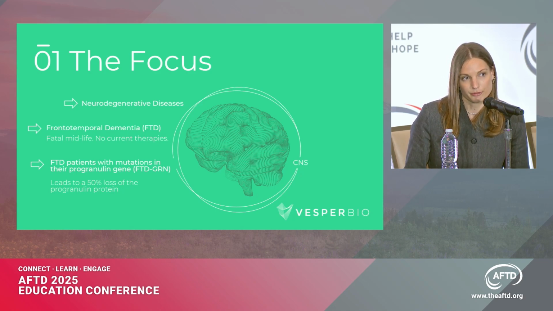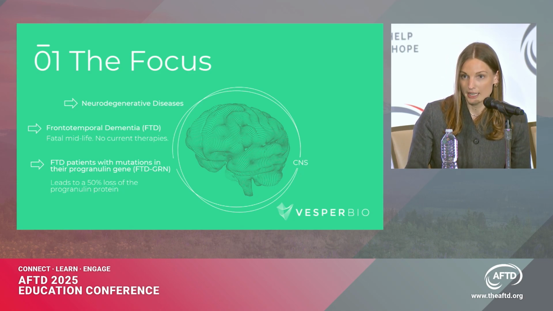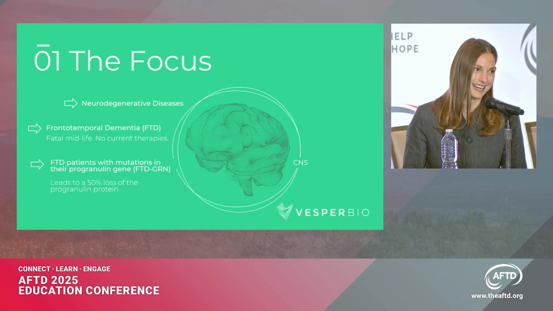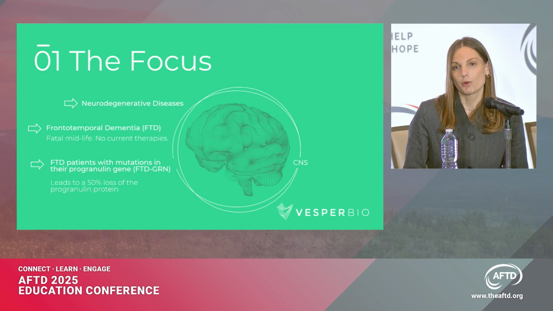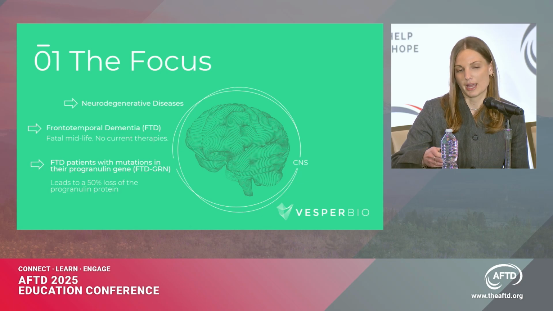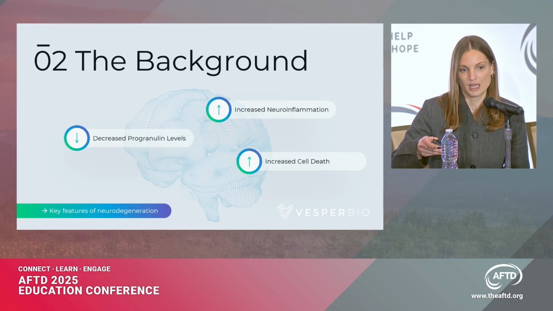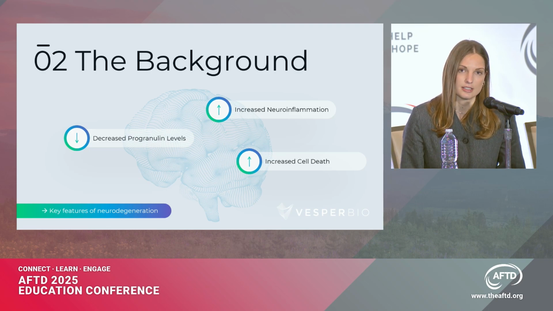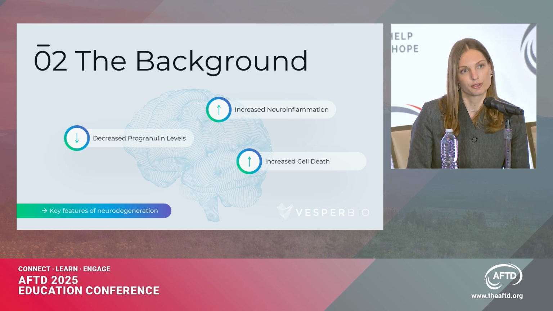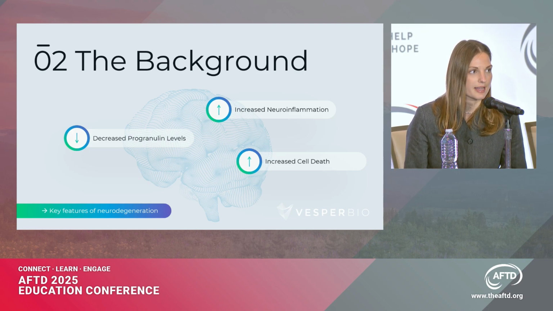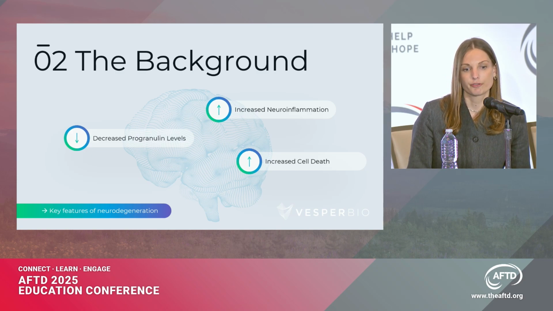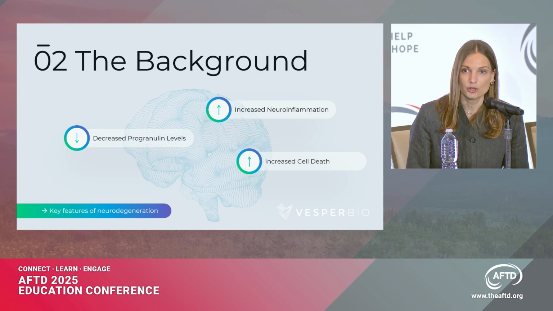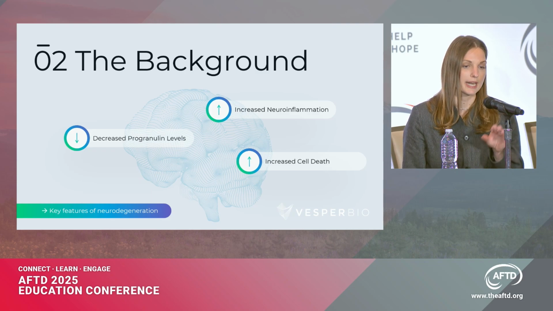Progranulin is very important for keeping the brain cells healthy and also for protecting the brain against damage. But what actually happens when we have too low levels of progranulin? If we zoom in a little on this disease, when we have too low levels of progranulin, two main things happen in the brain. First, inflammation is increased, like a fire that damages brain cells.